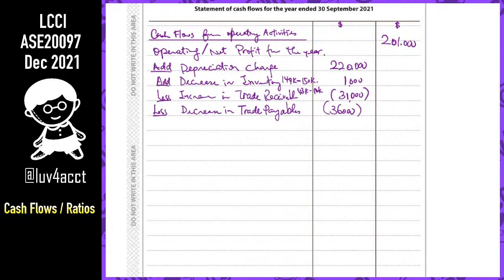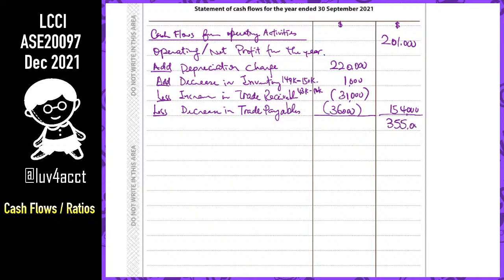Still like this. So here, 220 plus 1 minus 31 minus 36, 154, 355.